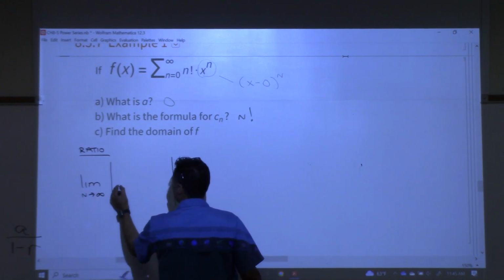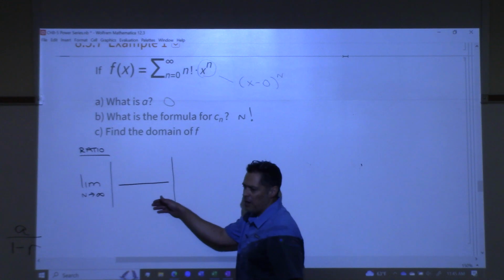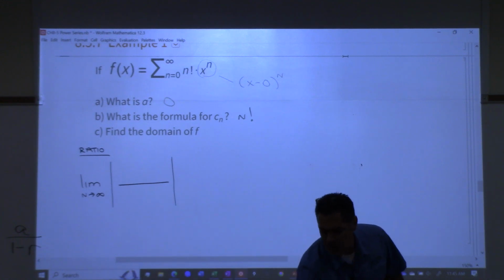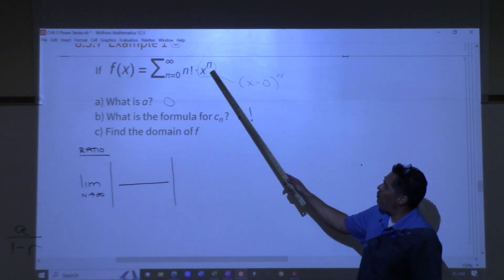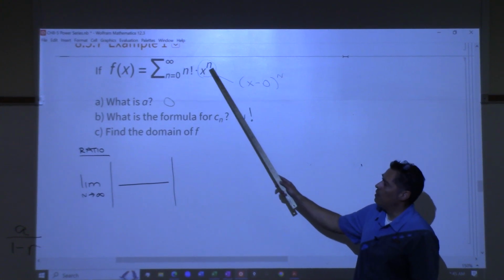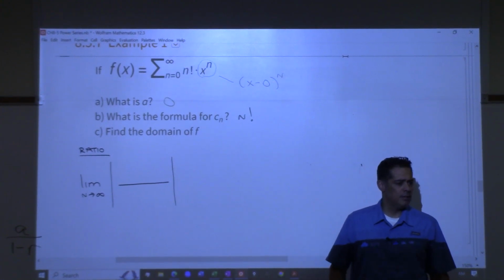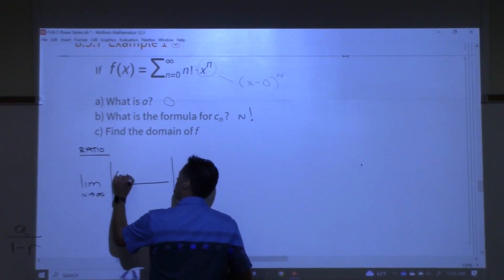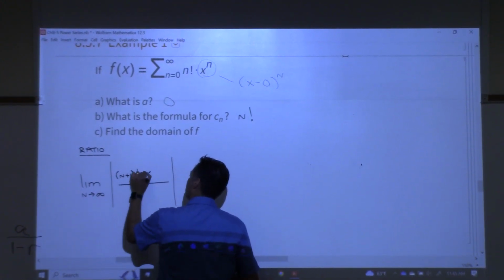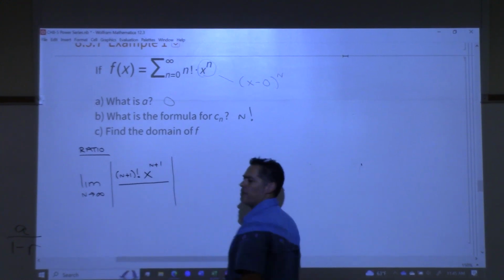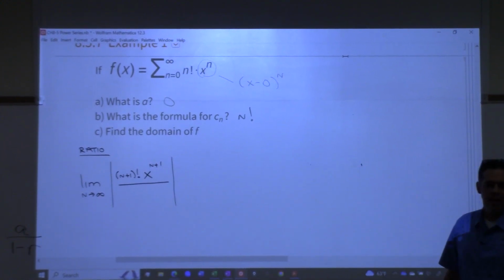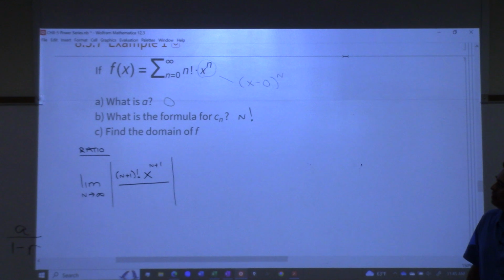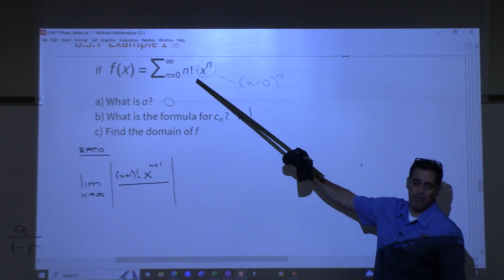And then the way the ratio test works is that you're going to do a ratio, right? The top of the ratio is this formula, everything here, with what plugged in for n? n plus 1. So I'm going to plug in n plus 1 factorial x to the n plus 1. That's a sub n plus 1. Then divide that by a sub n, which is that formula just the way it appears up here.